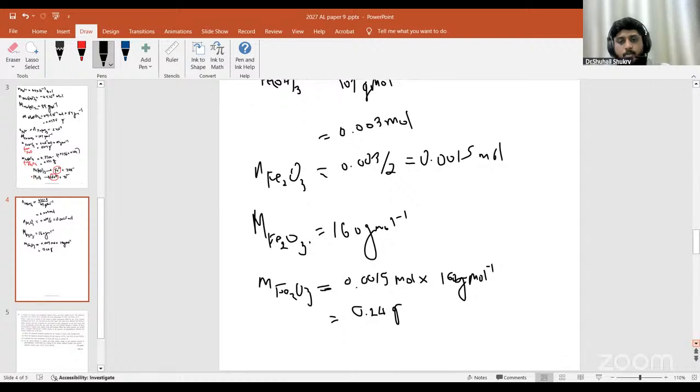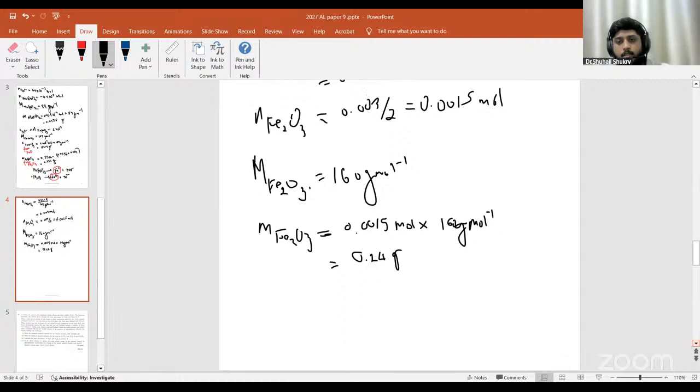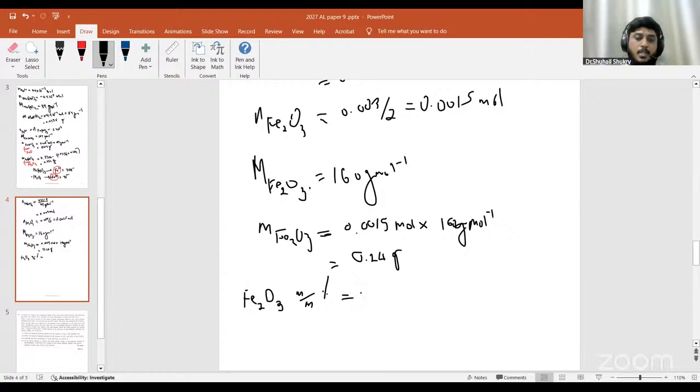If you know the Fe2O3 mass, we can find the mass percentage of Fe2O3. So the Fe2O3 mass percentage will be 0.24 over 0.48, and you have to multiply this by 100.